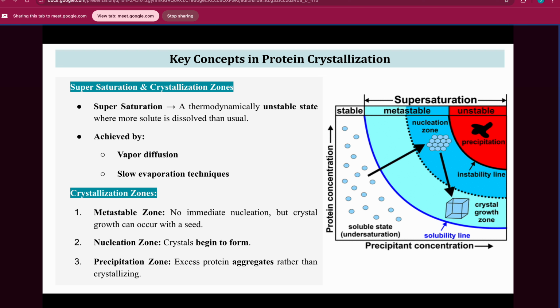A little bit of aggregation is happening, which can give rise to protein crystals. Then comes the precipitation zone, which is the highly unstable zone, in which excess protein aggregates rather than crystallizing. When the number of protein aggregates increases, they get precipitated and will not be able to form crystals. So in this way, these are the three types of zones which are formed.